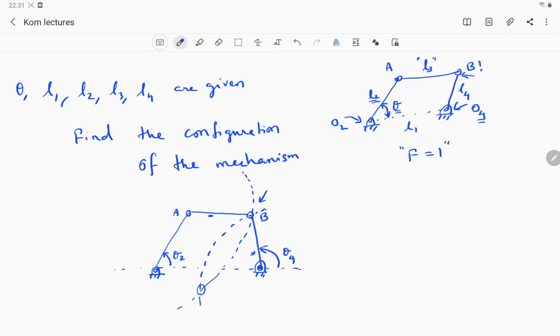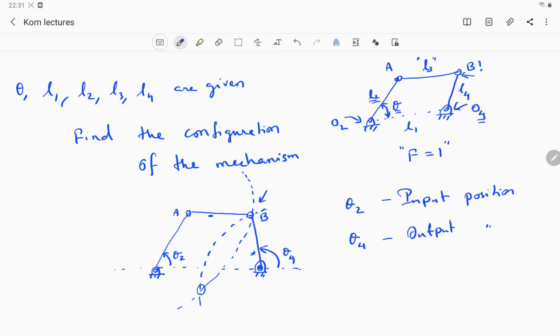So in general, theta 2 will be the input position, and theta 4 will be the output position.